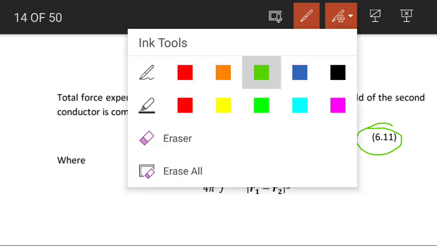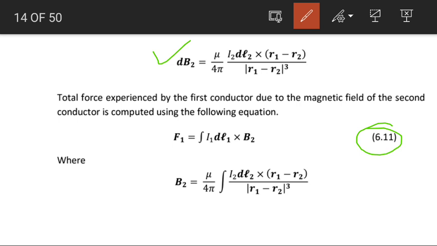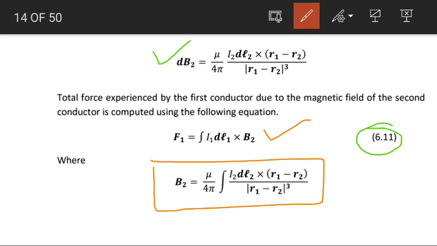So the force which is experienced by the first conductor due to the magnetic field of the second conductor will be equal to the integration of I1 dl1 cross B2, where B2 is the magnetic flux density which is generated by the current in the second conductor, and it is given by this particular equation.